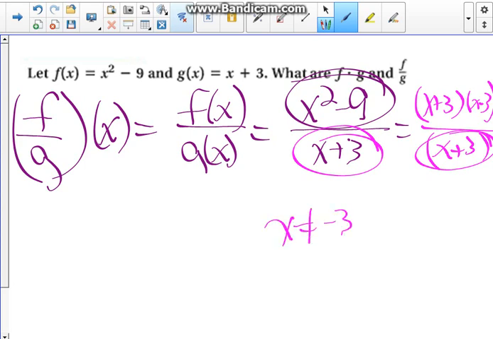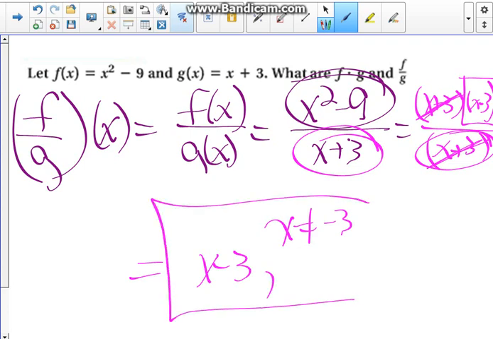Okay, now let's simplify. Cancel out x plus 3, and we're left with x minus 3. So our answer is equal to x minus 3, comma, x can never equal negative 3. And that's it.